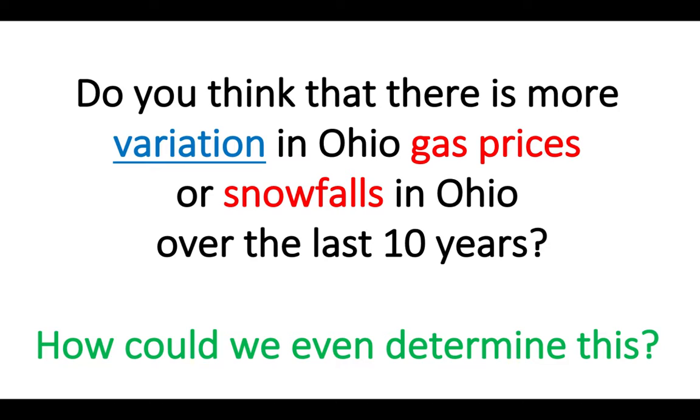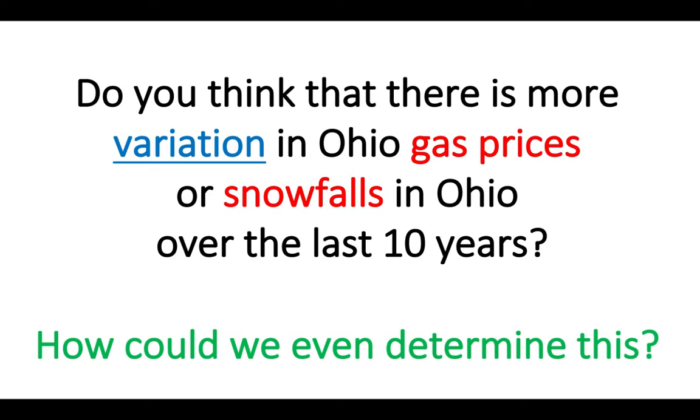So in other words, do gas prices fluctuate more? Have they fluctuated more over the last 10 years? Or have snowfalls fluctuated more over the last 10 years?